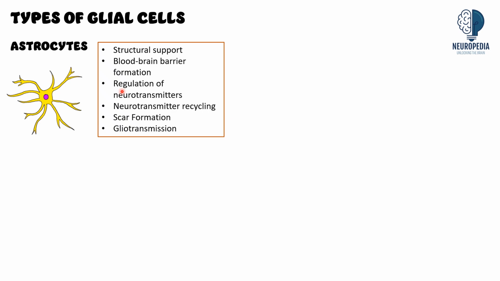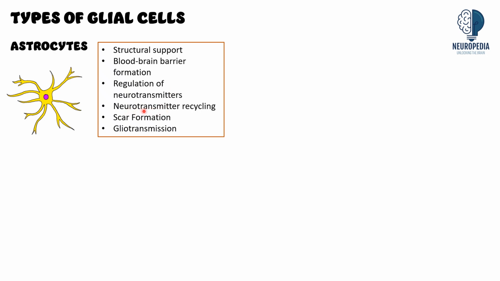Next is regulation of neurotransmitters. These astrocytes are involved in regulation of neurotransmitter levels in the synaptic cleft, which is a small gap between neurons where communication occurs. They help to clear excess neurotransmitter from the synapse, preventing overstimulation of neurons.